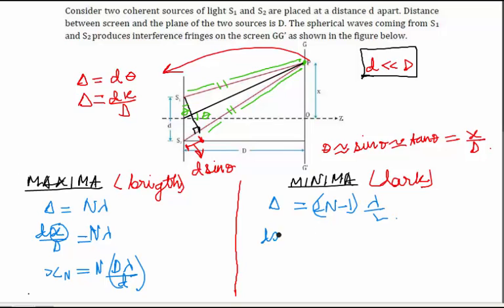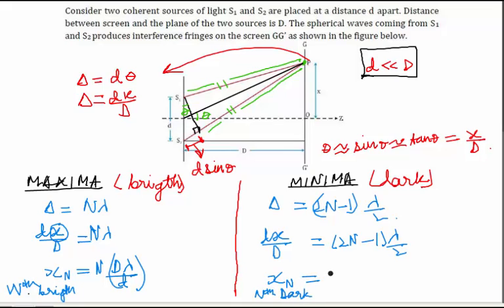This is for the nth bright and this is for the nth dark fringe, where the factor is n minus half into lambda.